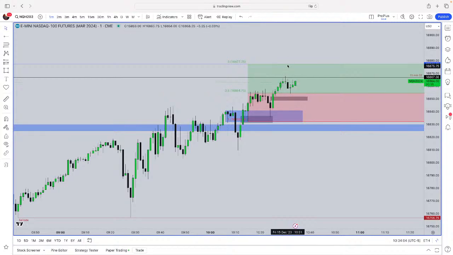So from that run to there, anything below hitting this pink box, you want to be buying. So yeah, that is in a discount, so you could pyramid that. Anywhere above here, you don't want to pyramid. But look how price does come back into the equilibrium here before pushing up higher.